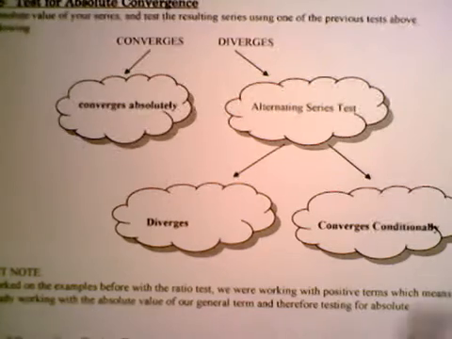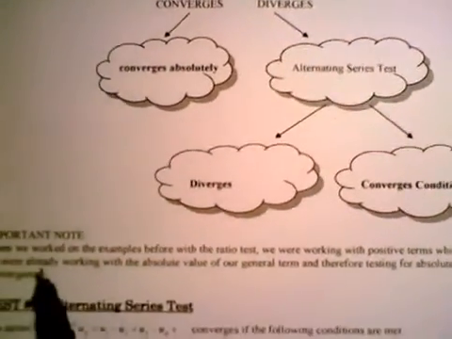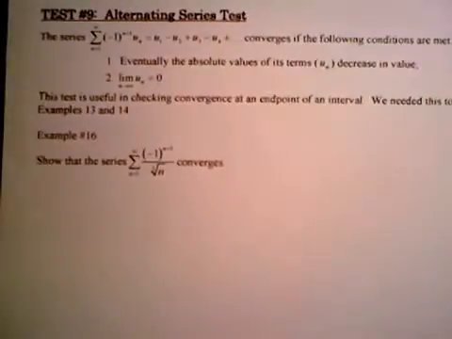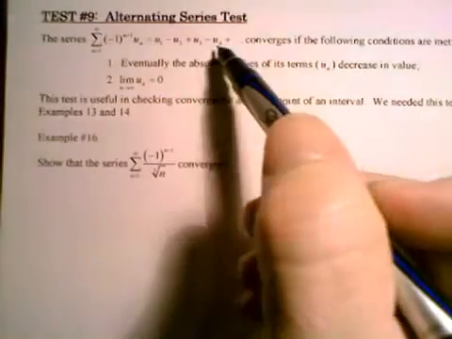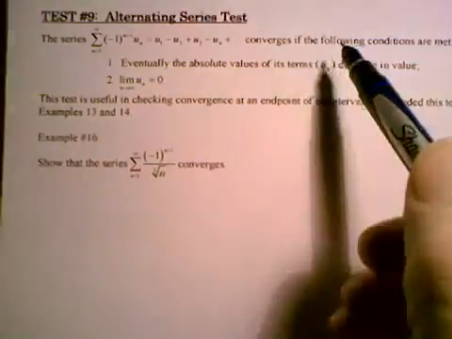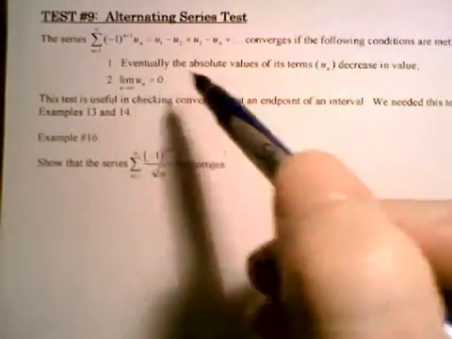So I'll gloss over this important note here. Might talk about that in class. But let's go ahead and take a look at the alternating series test. Basically, if it's an alternating series, it'll converge as long as these 2 conditions are met.